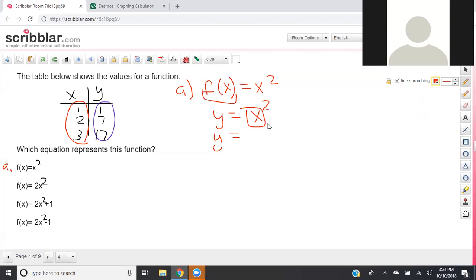So what's the first x value on the table? 1. So that's the first one we're going to try and see if it comes out with the correct y value. So when we have 1 squared, what is that actually telling us to do? Multiply 1 times 1. So you were both correct.